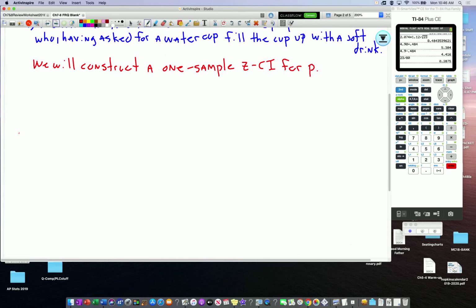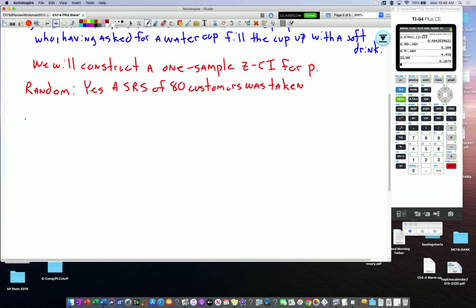I'm going to go through random, normal, and independent. First of all, random: yes, a simple random sample of 80 customers was taken.